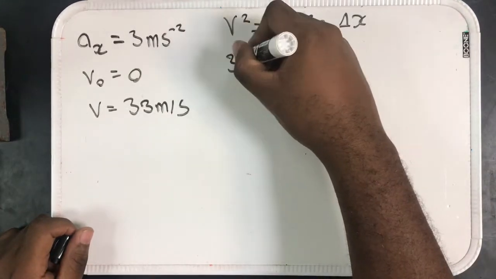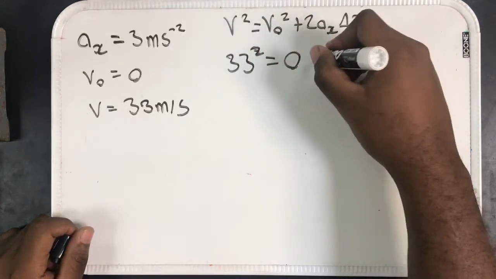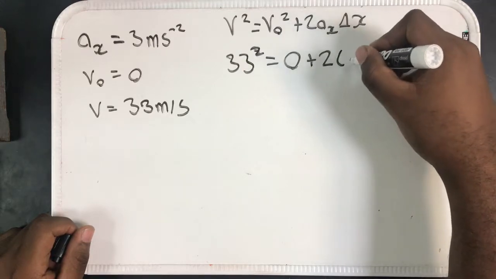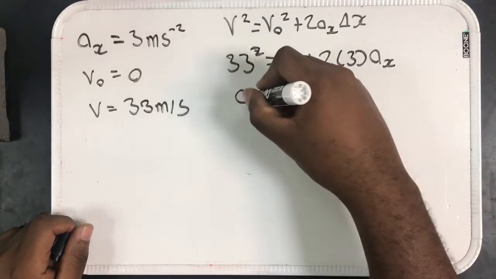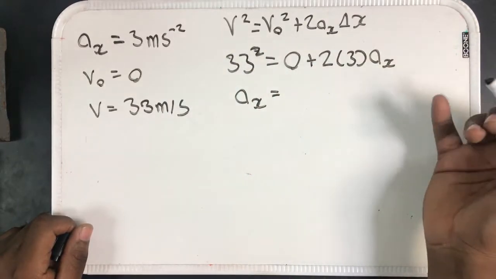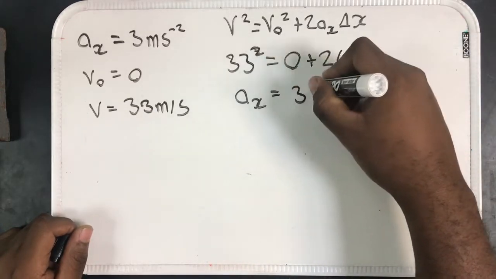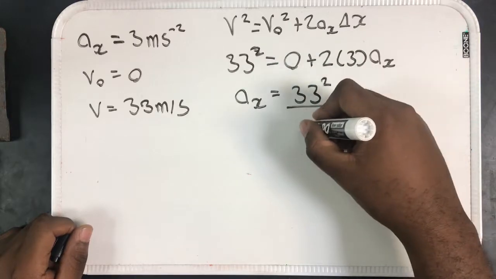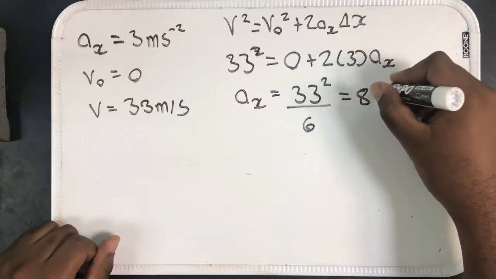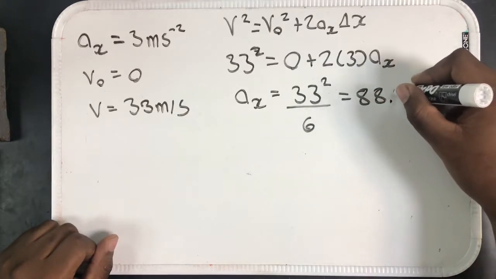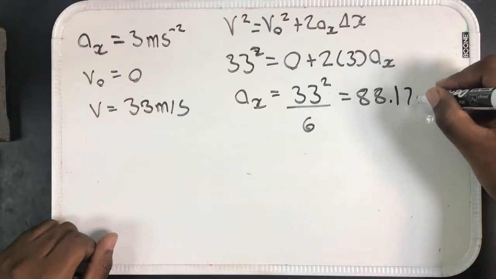So our final velocity is 33. This is 0 plus 2 times 3, the acceleration in the x, times the displacement. I'm going to divide both sides by 2 times 3, which is 6. So I end up with 33 squared divided by 6, which is, oh my goodness, Bobby J, I am so sorry, 81.17.